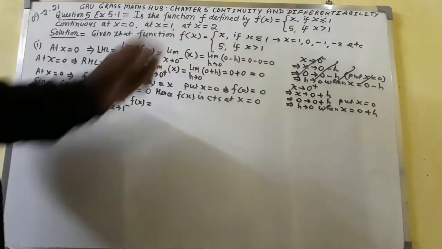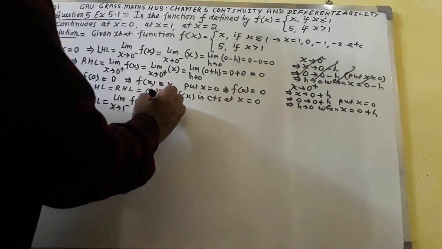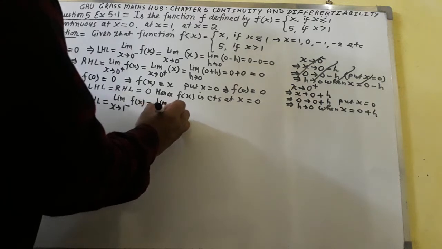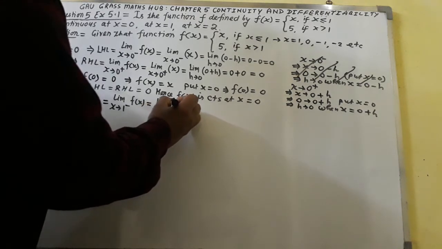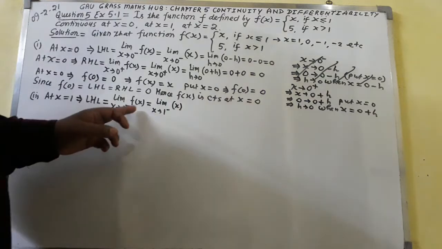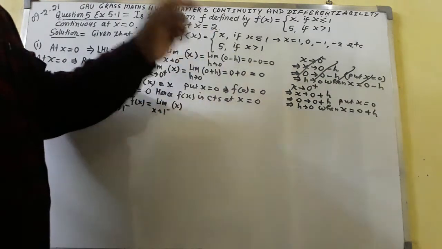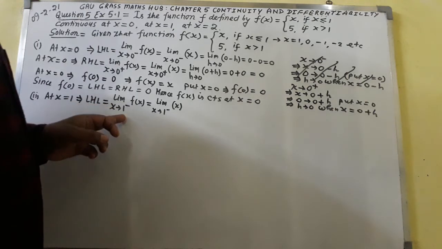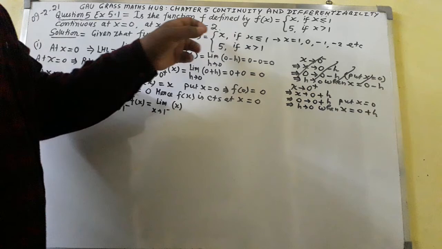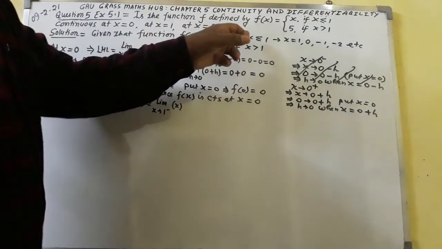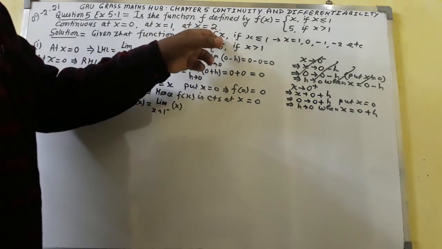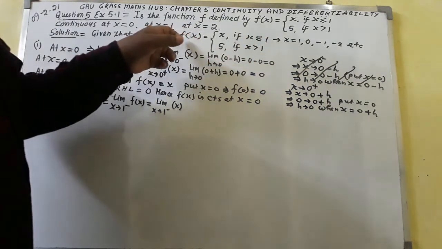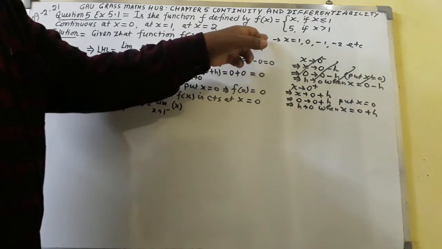So I shall write lim x tends to 1 negative of x, because f of x equal to x.